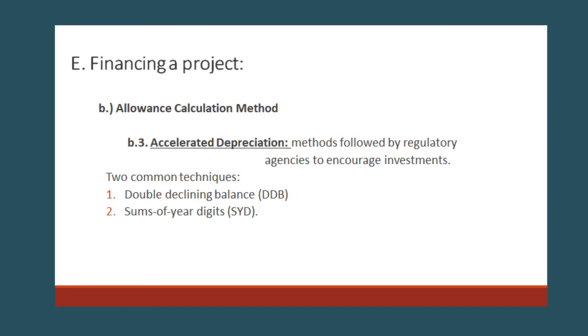So in sum of year digits, you are using a depreciation factor and using the asset's total acquisition cost minus the asset's salvage value.